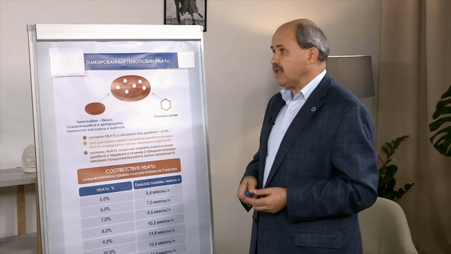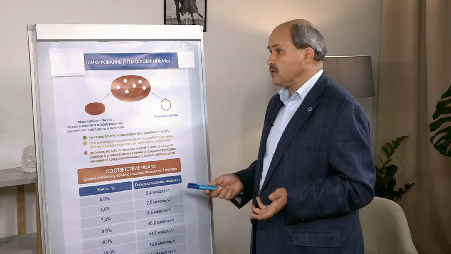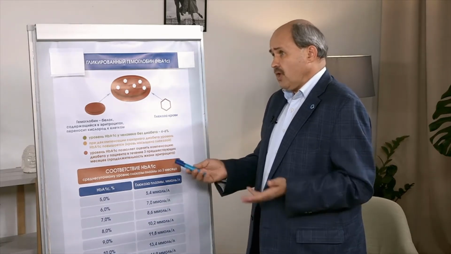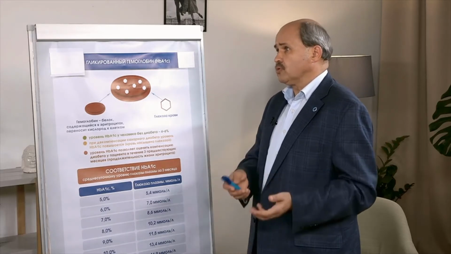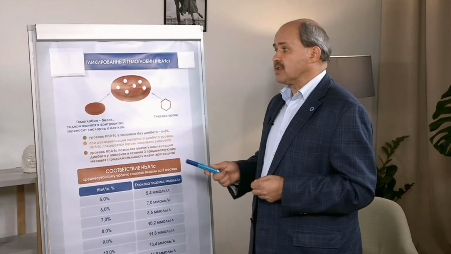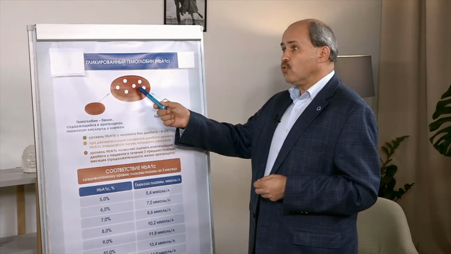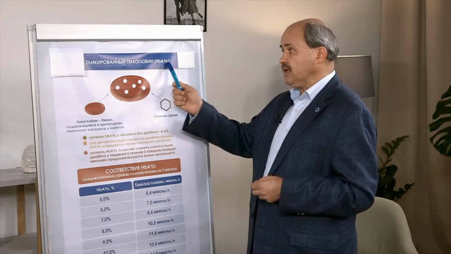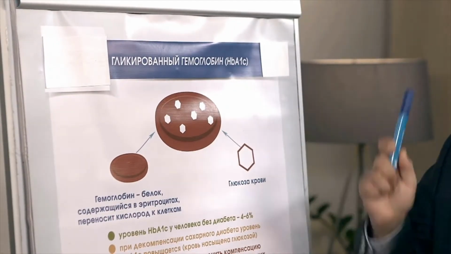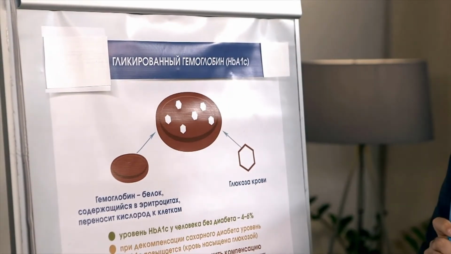It is constantly binding to blood glucose in all people, not only in diabetes patients. Healthy people also have a certain amount of glucose in their blood, so it also binds to hemoglobin. This particular combination of glucose with hemoglobin is called glycated hemoglobin and is also designated with the acronym HbA1c.